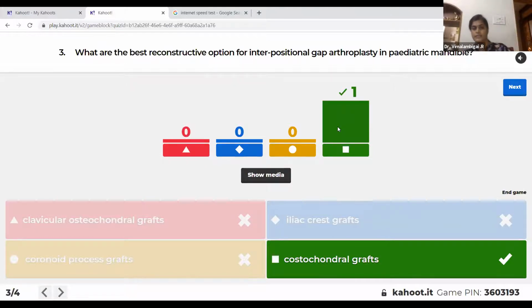In the series of X-rays that I've shown you, it is an 8-year follow-up of the patient where we did a costochondral graft, and there is growth of the mandible. We operated on the child when he was 6 years old, and presently, after 8 years, there is growth of the mandible and symmetry of the face. Okay, next question.